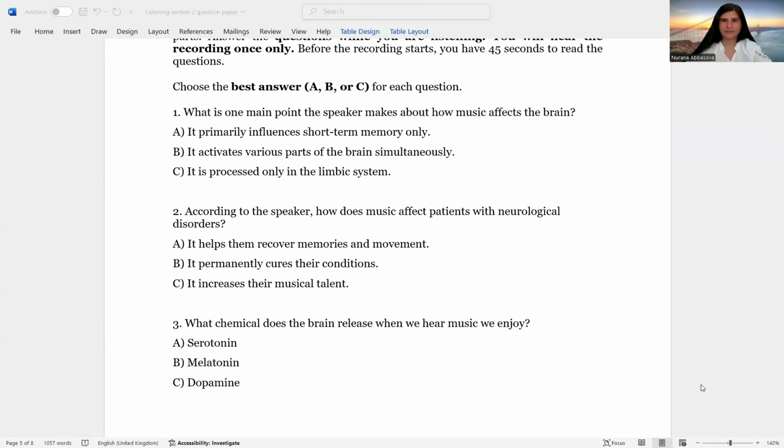Number 3, did they say serotonin or did they exactly say dopamine? So dopamine is correct. Yes.